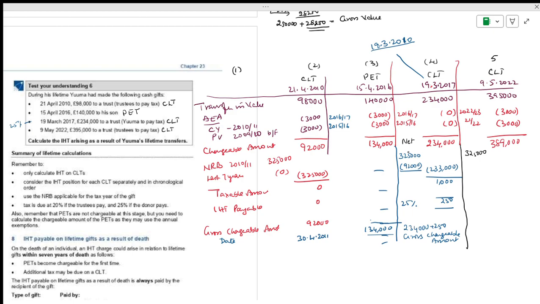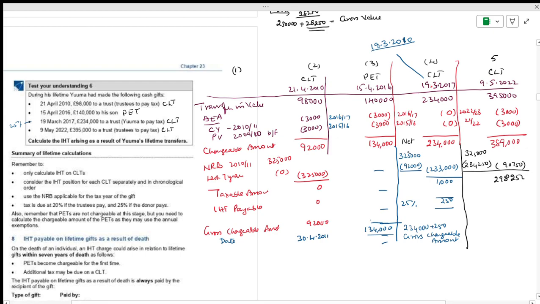Gross chargeable amount is 234,250. Is it 234,250? 9750 minus 389.